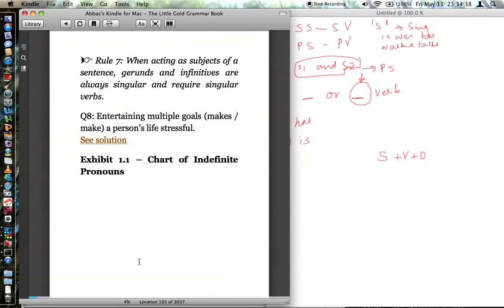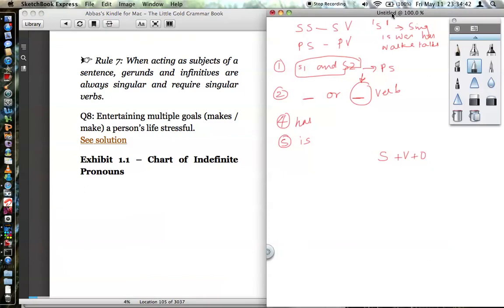Rule 7, when acting as subjects. Okay, so rule 7 says gerunds and infinitives are singular subjects. Gerunds are basically the ing form of the verb used as nouns.